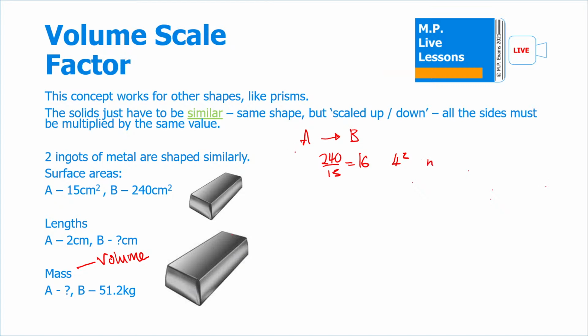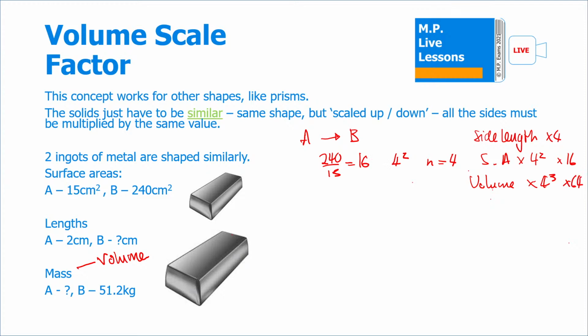So this n is 4. So the side length is multiplied by 4. Surface area is multiplied by 4 squared, or 16. Then the volume is multiplied by 4 cubed, or 64.